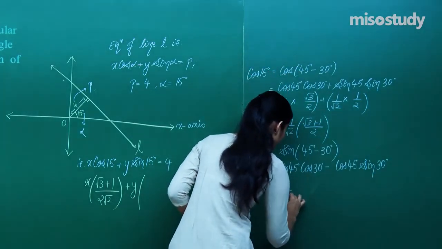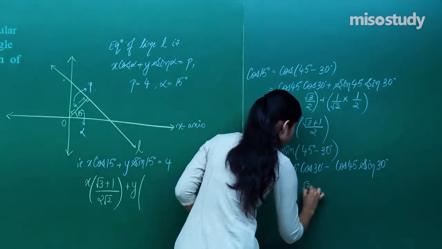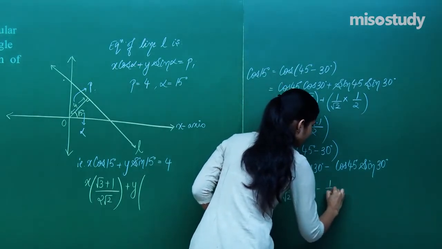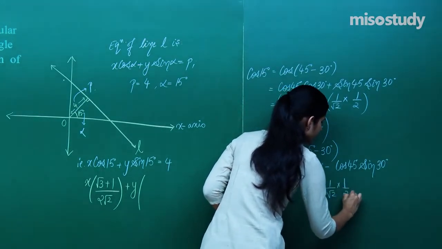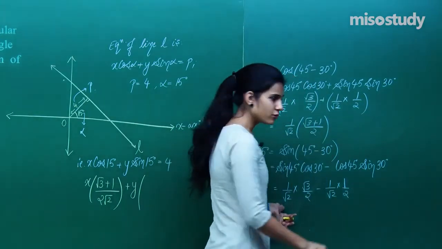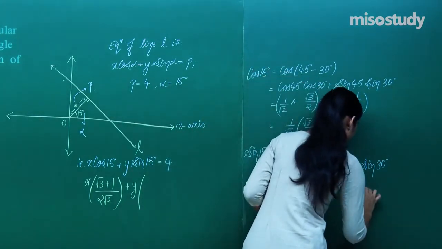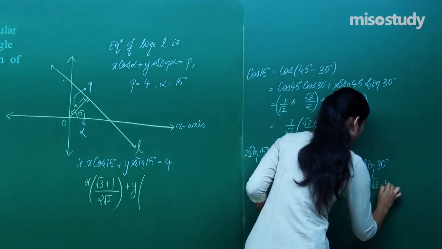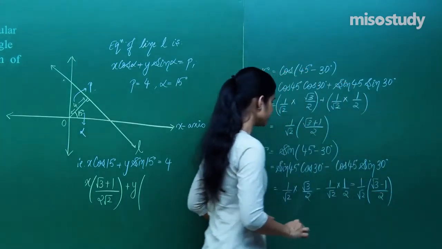Sin 45 is 1 by root 2, cos 30 is root 3 by 2, minus again 1 by root 2 times sin 30, which is 1 by 2. This eventually gives you 1 by root 2 common, root 3 minus 1 by 2.